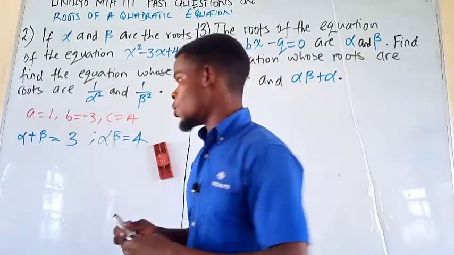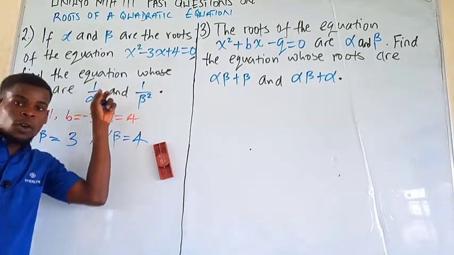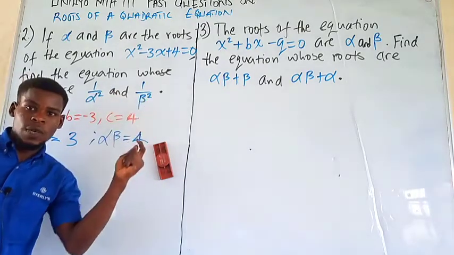So this is what I would like to do. We have to find the equation whose roots are 1 over alpha squared and 1 over beta squared.